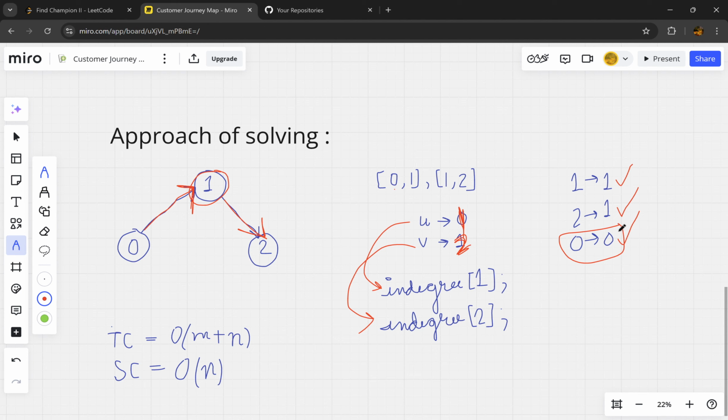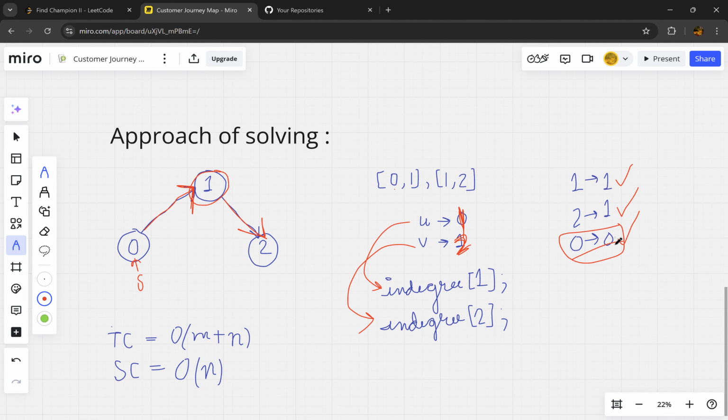In the case where the in degree is 0, in that case the node is our champion node, as in this case our 0 is the stronger team. Stronger team, that means 0 is our answer. So this is the approach of solving: where there are no arrows, 0 is the champion.